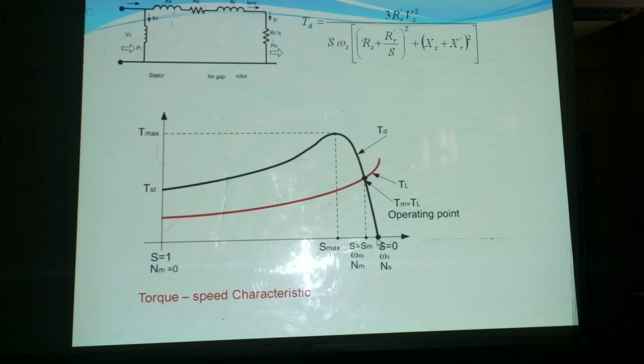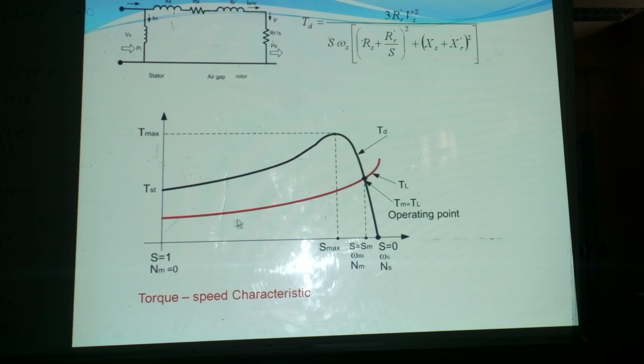There is no relative speed between the rotating magnetic field and the rotor, so no flux will be cut, so no induced EMF in the rotor, so no currents, no torque. See here, at this point, if slip is 0, if the rotor rotates at synchronous speed, torque becomes 0. Why? Because there is no relative speed between the rotor and the rotating magnetic field. So no flux cutting, no induced currents, no torque, right?